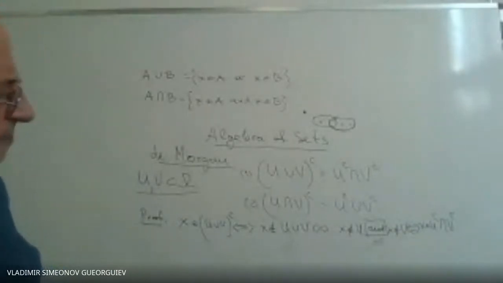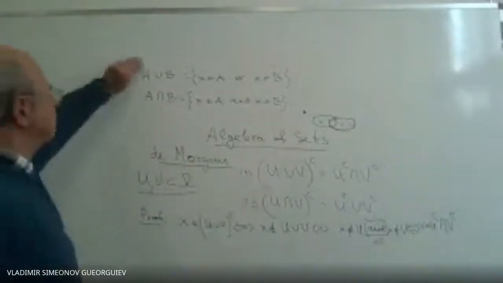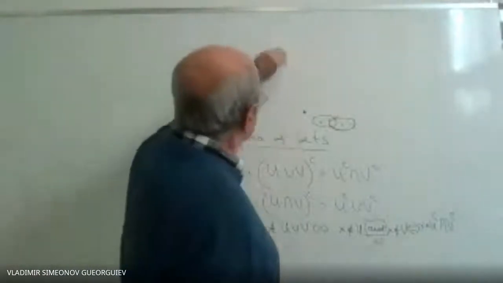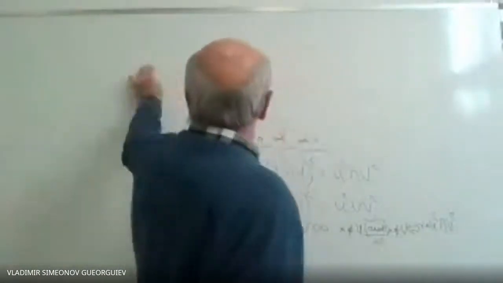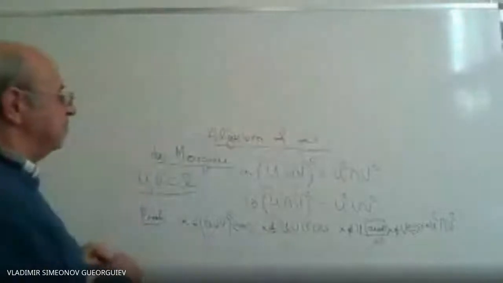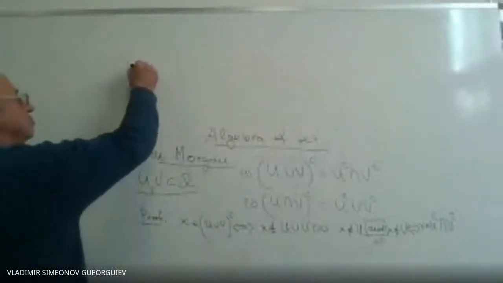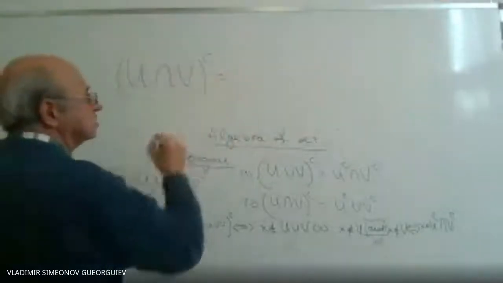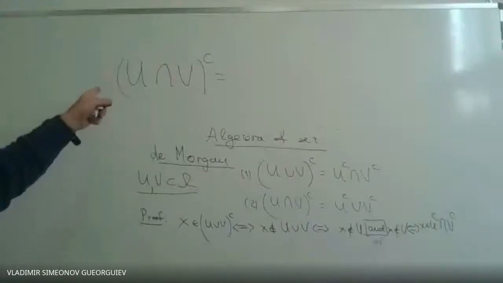So we have De Morgan formulas. Remember, these De Morgan formulas say: U intersected with V, complementary set. Can you help me? What is this?